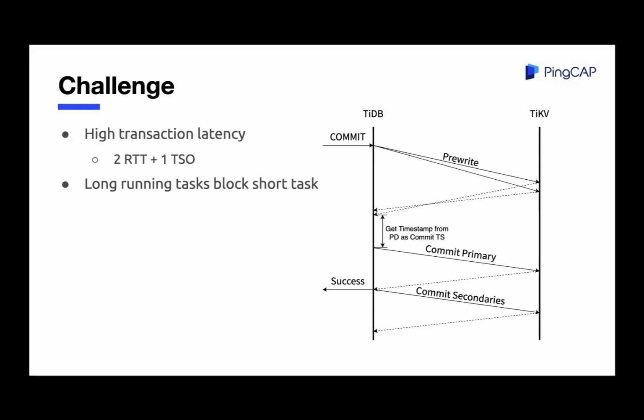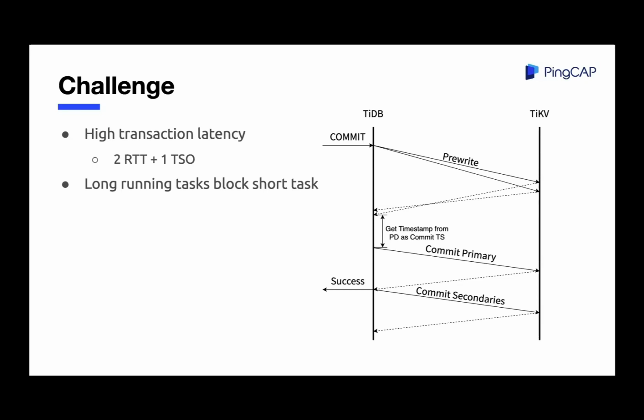Remember that TiKV uses two-phase commit to implement transactions. So when a transaction starts, for example, if you want to write a bunch of keys to multiple regions, the client will divide all the keys into different regions and send those keys to TiKV.